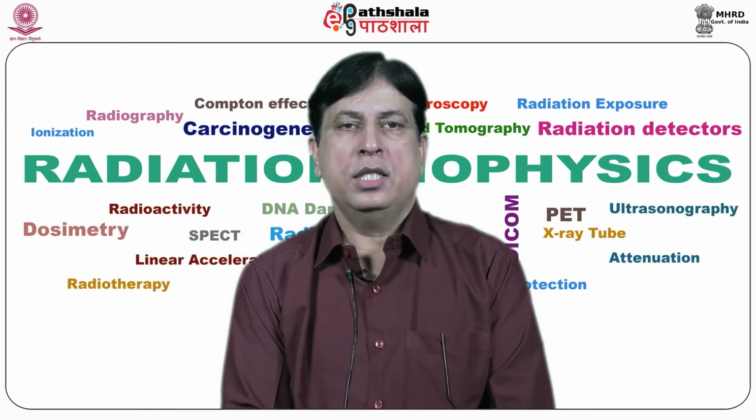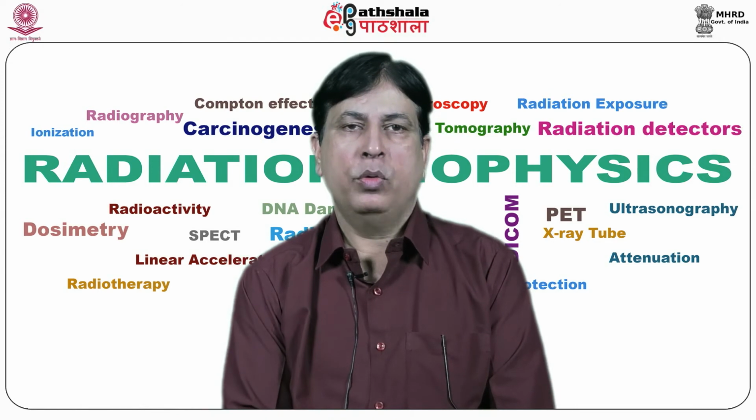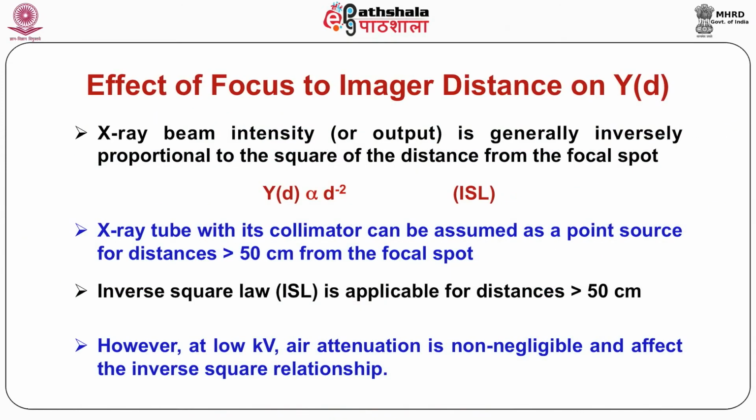Then we will see the effect of focus to imager distance, that is FID. The X-ray beam intensity is generally inversely proportional to the square of the distance from the focal spot.